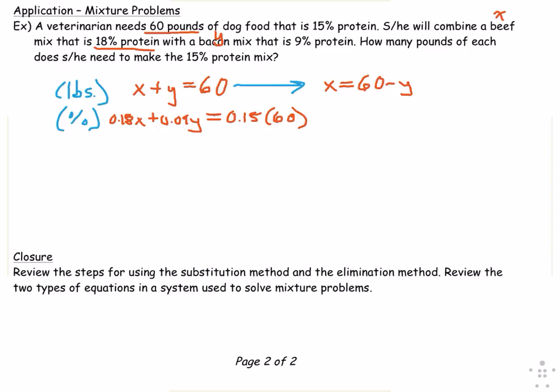All these decimals, not going to work for me. So what I want to do is multiply this equation by 100 because they're percent decimals. And I will now get 18x plus 9y is equal to, now the product of 0.15 and 60 is 9, so then I get 900.